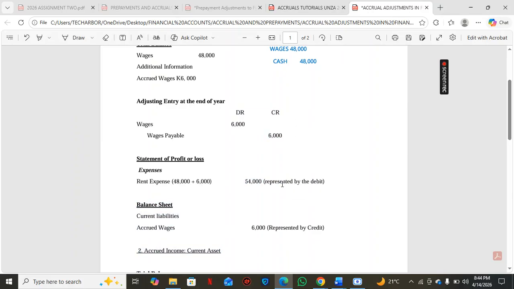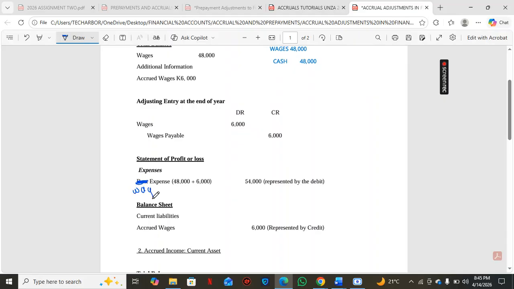Because remember, colleagues, you want to record the wages. Oh, I don't know why I put rent expense here. It should be wages expense. You want to record the total wage expense you incurred that year.